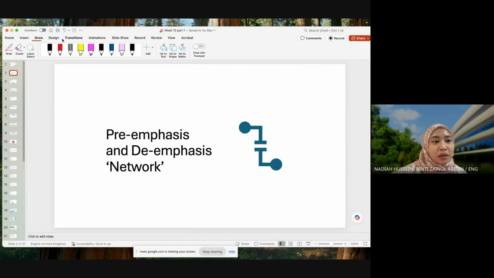Okay, let's draw. A pre-emphasis and de-emphasis network is a type of circuit typically employed in a communication system. For example, at your transmitter, you want to improve the signal to noise ratio before you even transmit it.